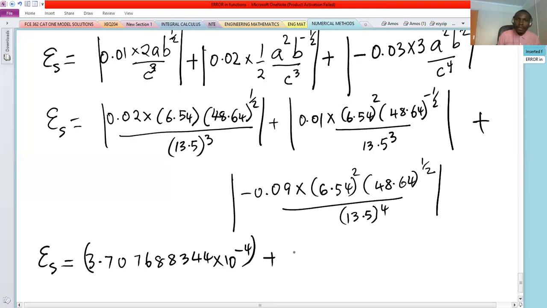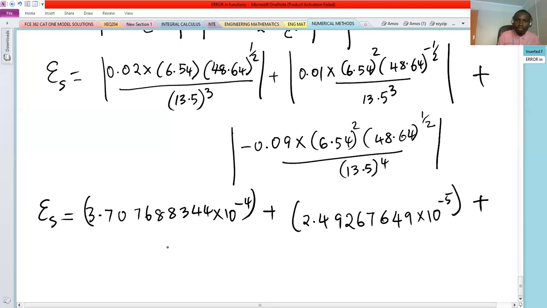Plus the second term will give us 2.4926 7649 times 10 raised to negative 5, plus the absolute value of this one, now positive, will be 8.082766059 times 10 raised power negative 4.